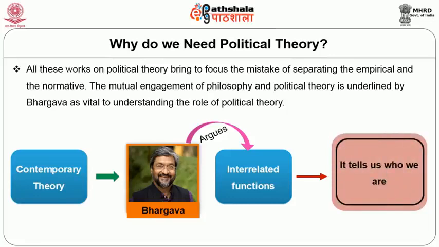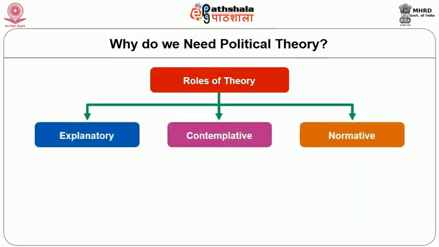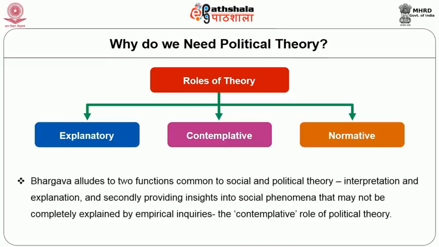It also tells who we are. Depending on the roles of theory, Bhargav classifies them as explanatory, contemplative, and normative. He alludes to 2 functions common to social and political theory: interpretation and explanation, and secondly, providing insights to social phenomena that may not be completely explained by empirical theories, which is the contemplative role.